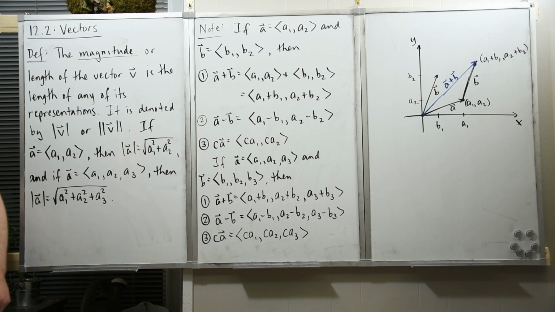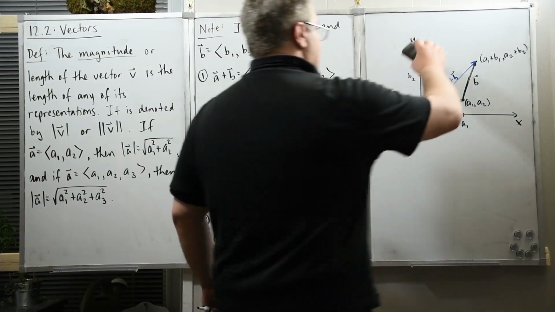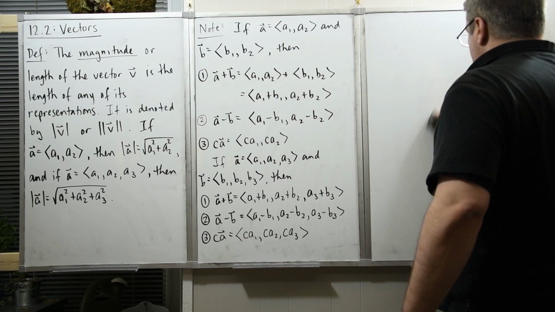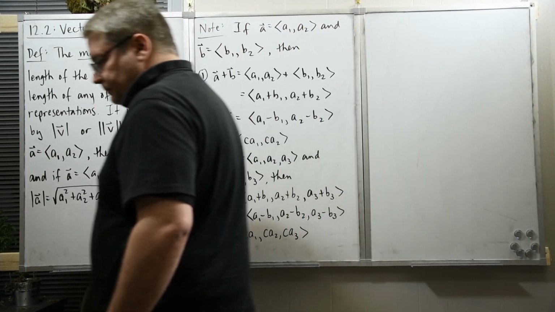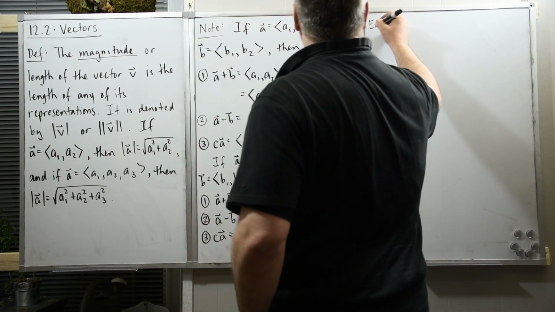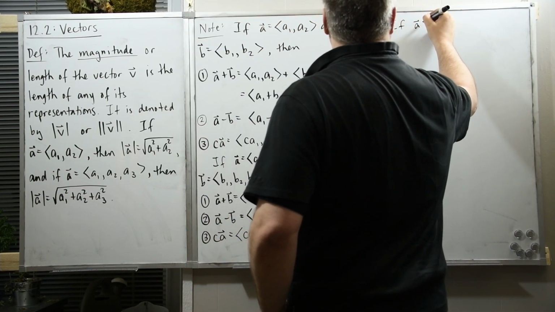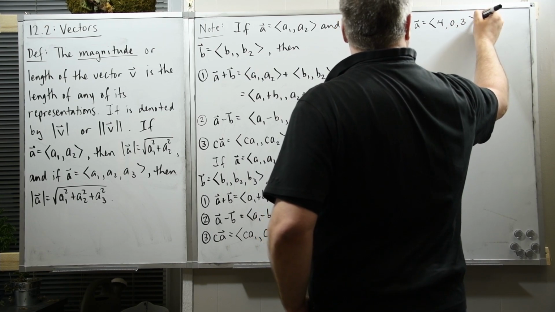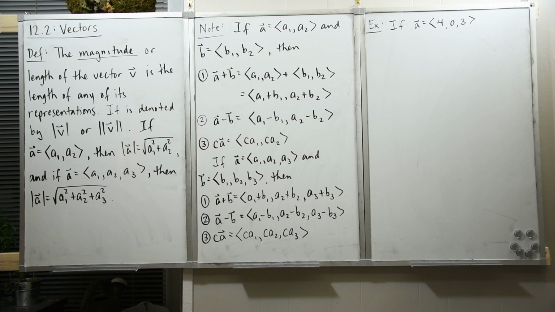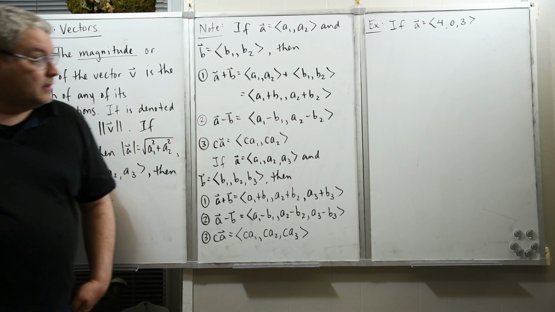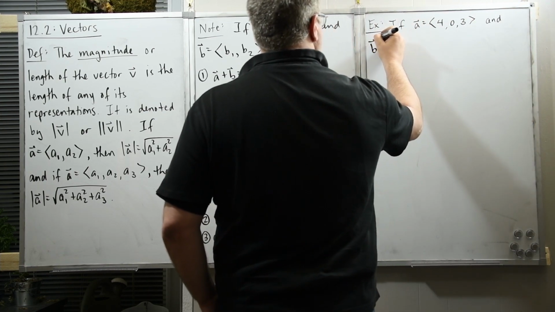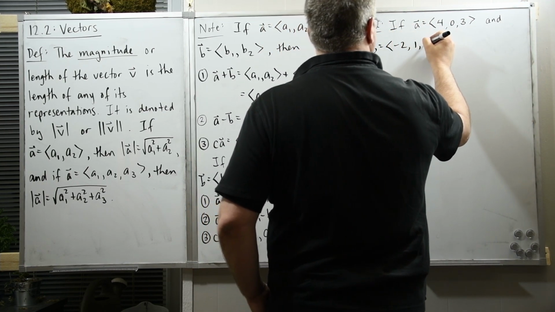All right, so let's take a look at an example where we use some of these ideas. And let's say that we have a vector A whose components are 4, 0, and 3. And a vector B with components negative 2, 1, and 5.